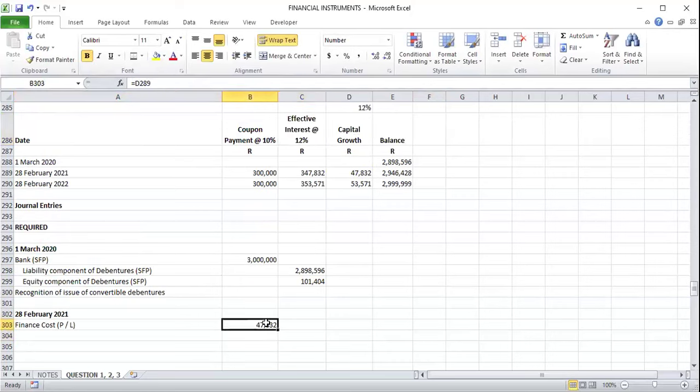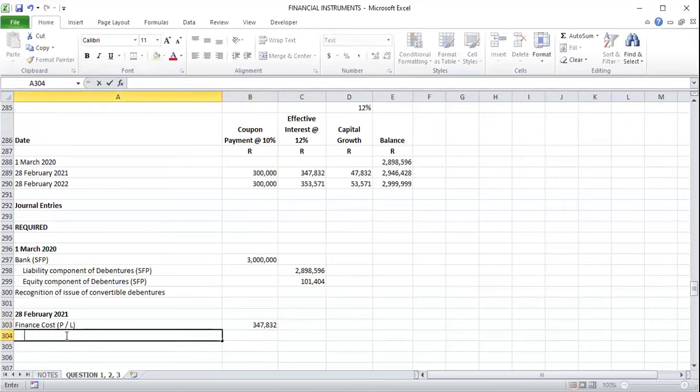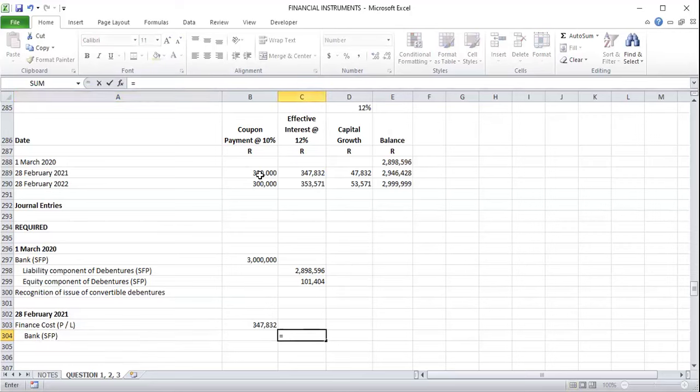So it's this one, not this one. The effective interest is your finance cost. Then we credit our bank. Remember that we only paid 300,000. Then we credit the liability component of convertible.